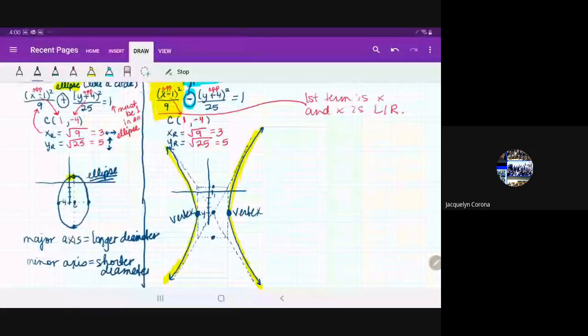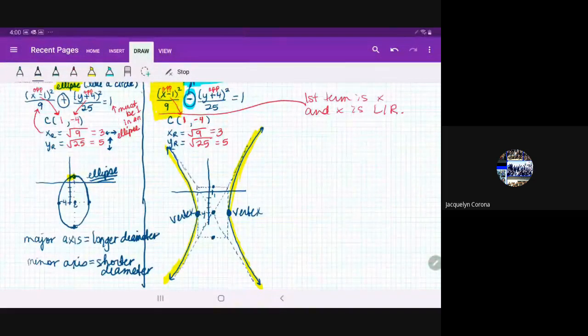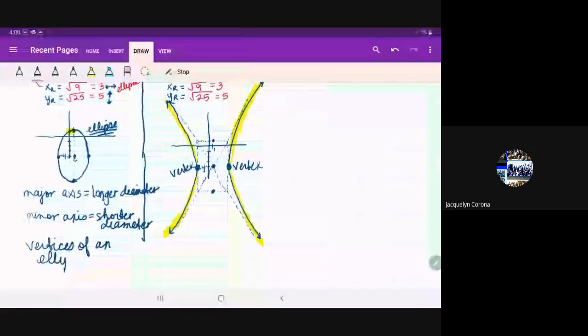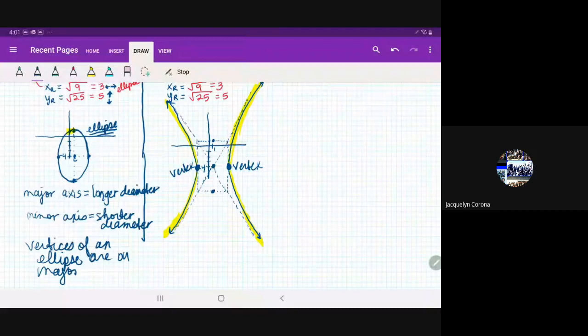Nobody really calls it a diameter in math, but to me it makes sense because the diameter goes all the way across the circle, so that's what the major axis means. So the vertices of an ellipse, and we'll talk more about this on Tuesday next week, are on the major axis. So they're on the longer one.